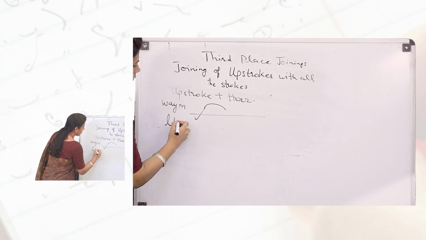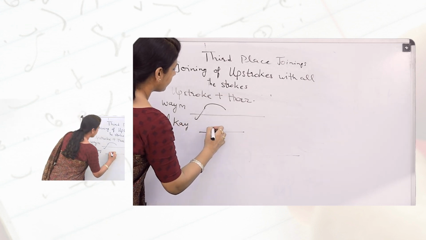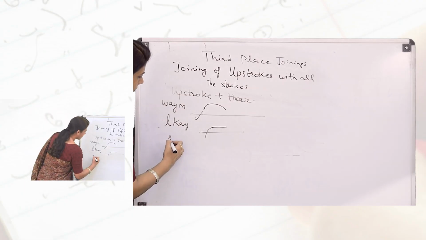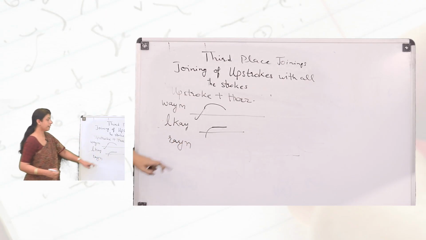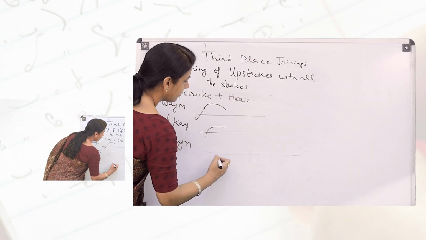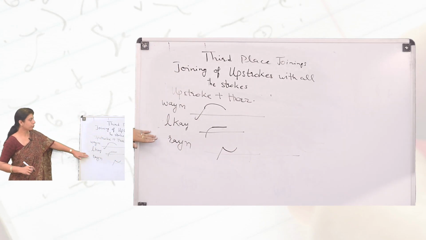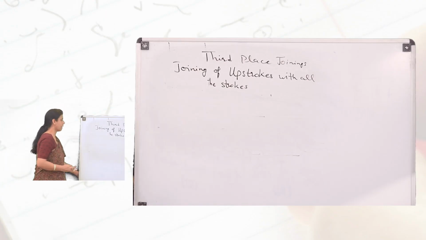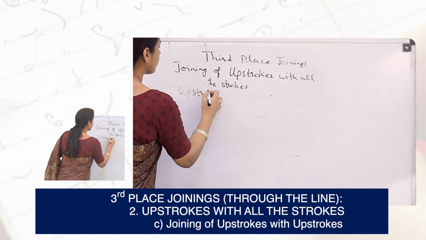Upstroke plus horizontal again, L through the line and then K. Next example, re and N, re through the line and N. So these are joinings of upstrokes plus horizontals. Now next is upstroke plus upstrokes at the third place.